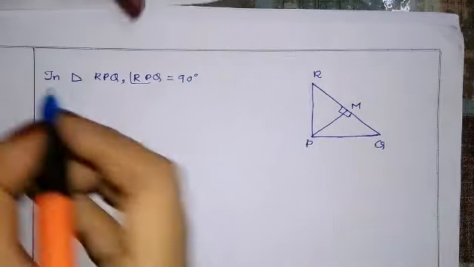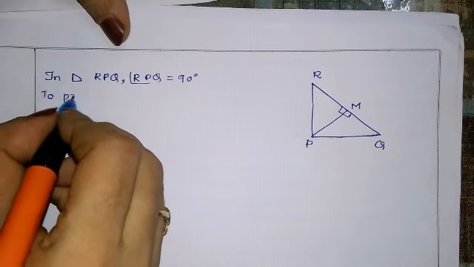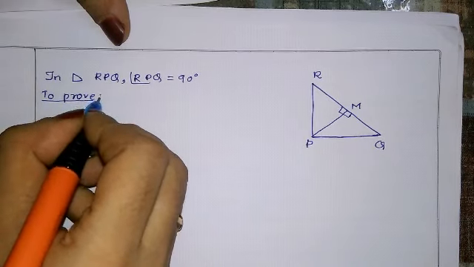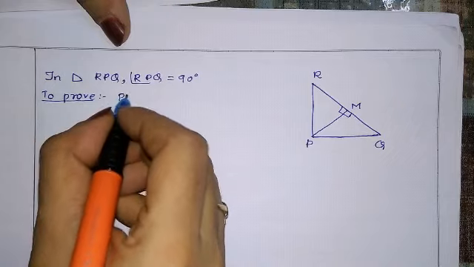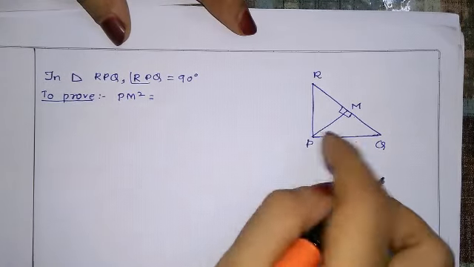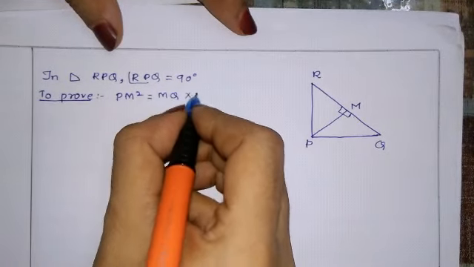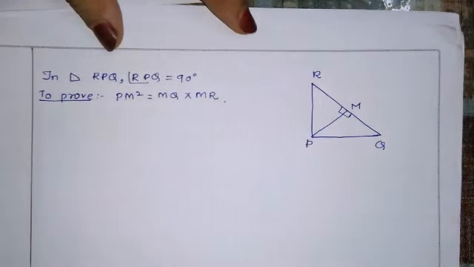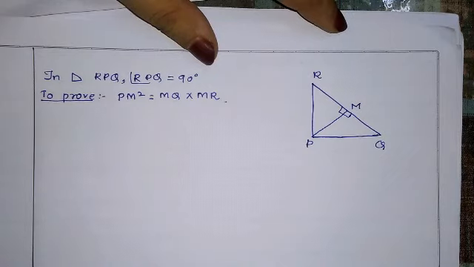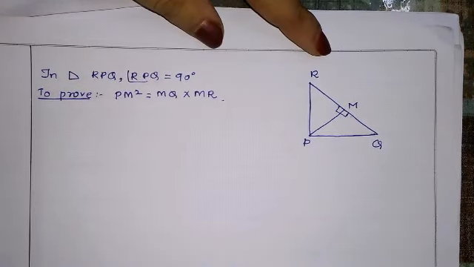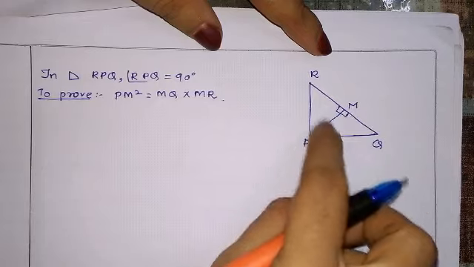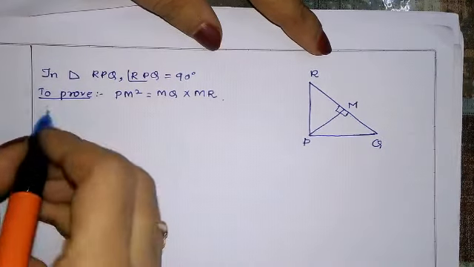Okay, now to prove, our focus should be on what to prove: PM square is equal to MQ into MR. Okay, now to prove this, let us take all these right angle triangles.